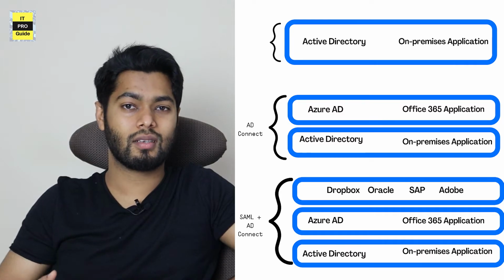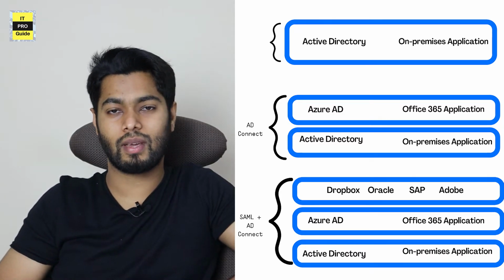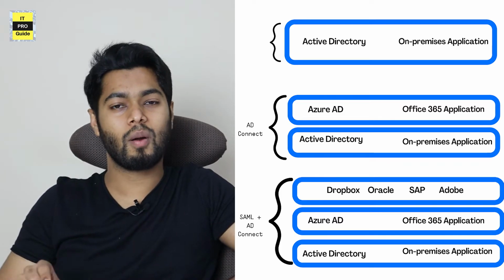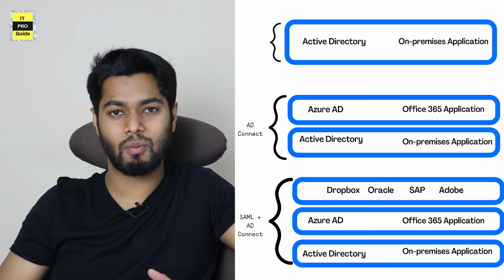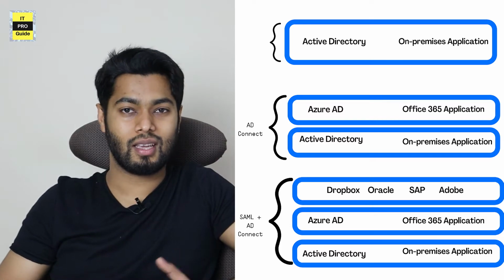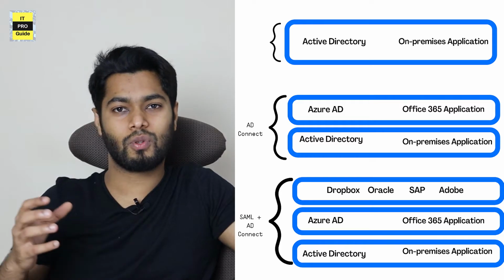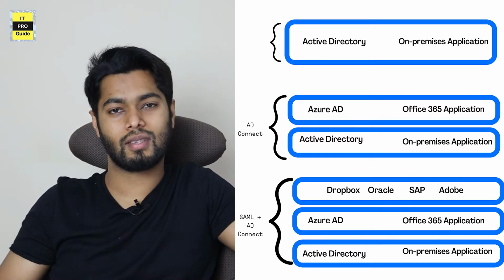The moment you start services like Office 365, Exchange Online, SharePoint Online, Microsoft Teams, the local on-premises Active Directory is no longer capable of handling your authentication or authorization. In this case, you need Azure AD. So you have two directories, Azure AD and on-premises Active Directory.